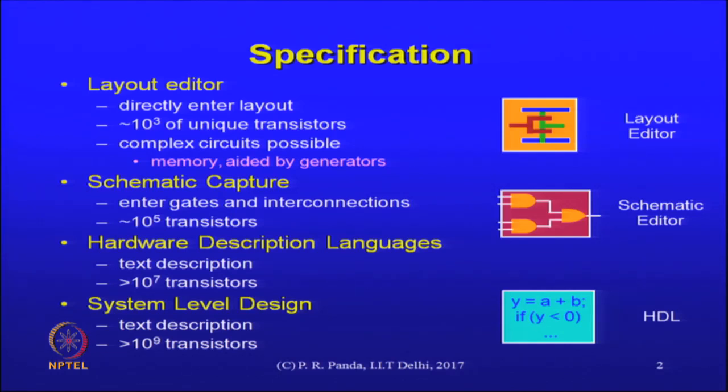The more modern mechanism for specification capture is typically through hardware description languages. It is a text language, and usually the specification very nicely scales up to very large systems. So, as you can see here, that syntax is something that is similar to what we have already been used to in the form of programming languages. So, description is text, and you could enter very large systems this way.